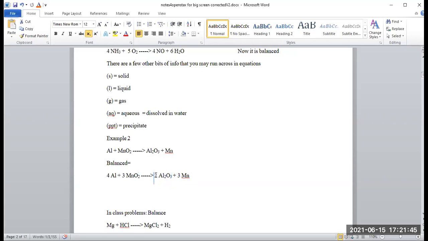So 2 times the little 2 for my aluminums is where my 4 comes from. And then since I had 6 oxygens, it's dragging three manganese with it. So I need 3 on this side and 3 on that side.